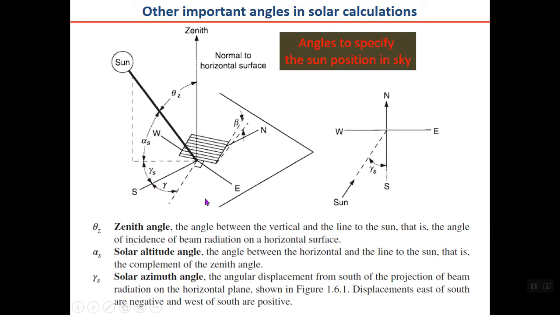So in the morning before solar noon, the gamma s value will be negative, and in the afternoon the gamma s sign will be positive. So these are the two important angles, alpha s and gamma s, which show the position of the sun, while beta and gamma show the solar surface, collector or module situation.